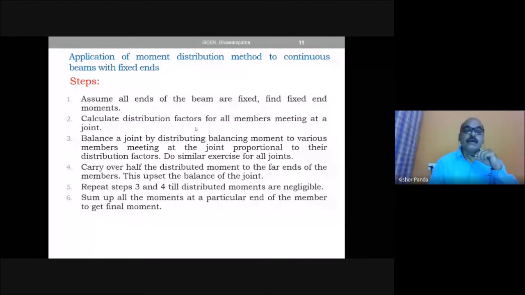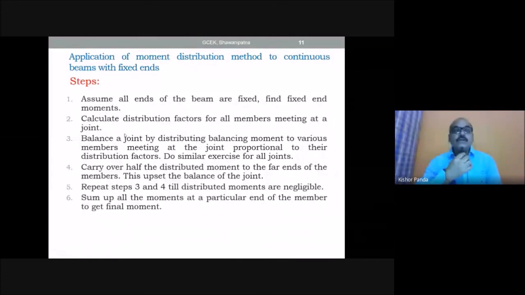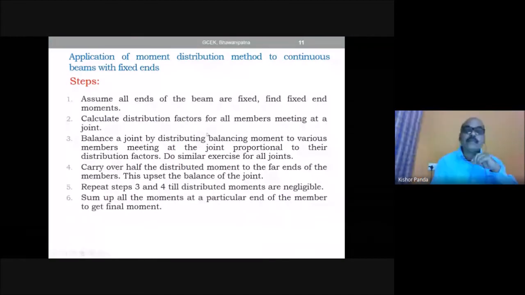Then after getting the relative stiffness of the joint, you can find the distribution factor for all members meeting at a joint, because it is the relative stiffness of the member divided by the relative stiffness of the joint. So this gives the distribution factor for members.